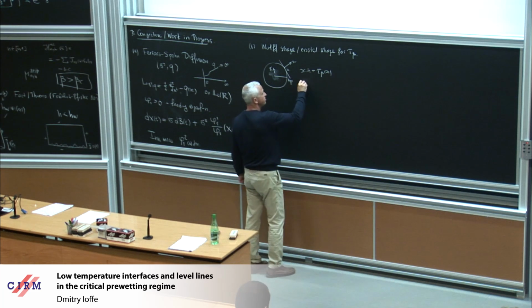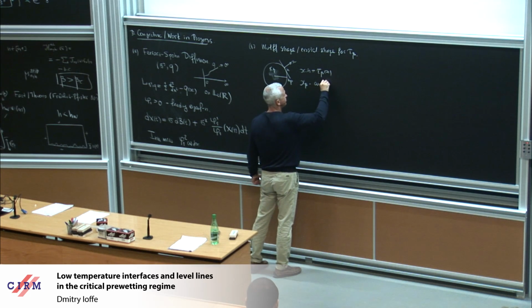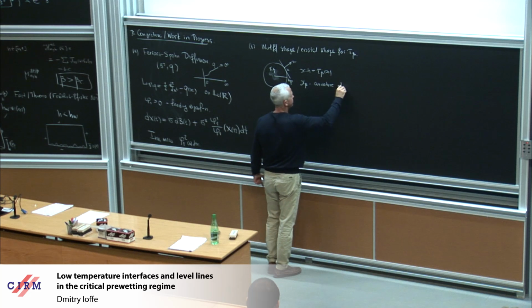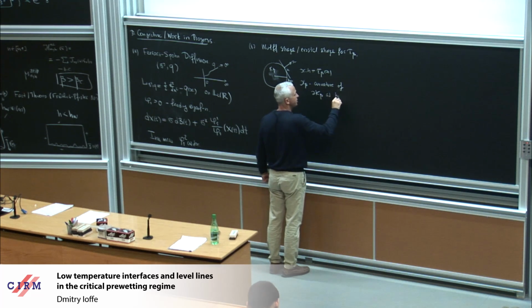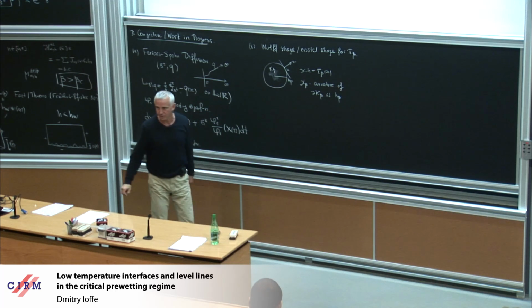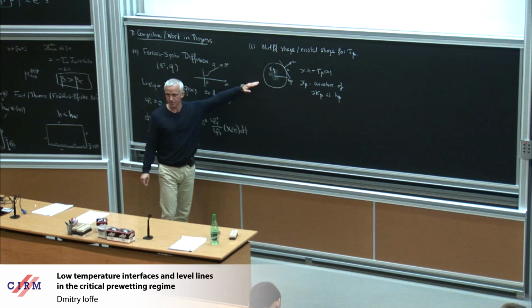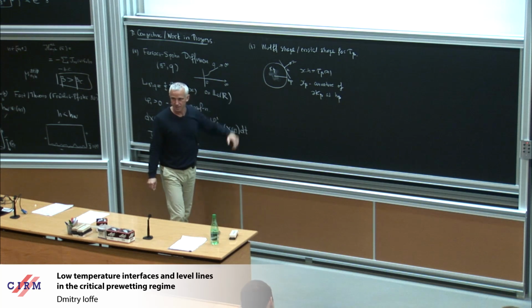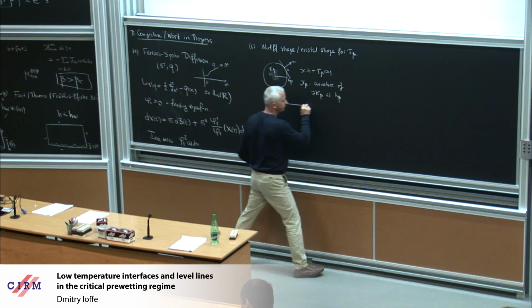Let me denote k beta as the curvature of this Wulff shape at h beta, just the curvature of the Wulff shape at the horizontal direction. These are two things I need to formulate the conjecture. Now let me formulate the conjecture.